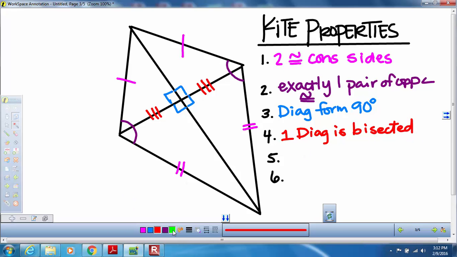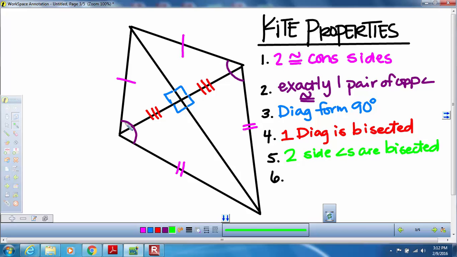Then, the 5th property that a kite holds is that the 2 side angles are bisected. If we think about it like a kite that we fly, the sides would be this side and this side.